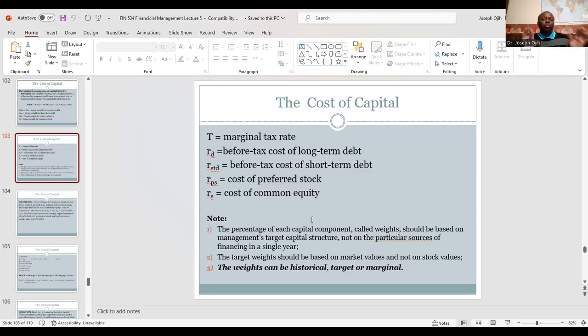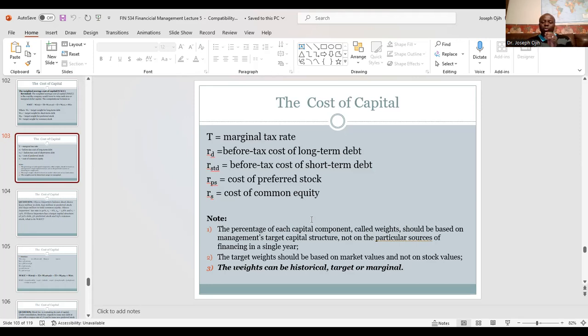Now, there are some things that we need to know before we begin the calculations. First thing is that the percentage of each capital component, which we call weight here, should be based on the management's target capital structure. That means it is not based on the particular sources of financing in a single year.